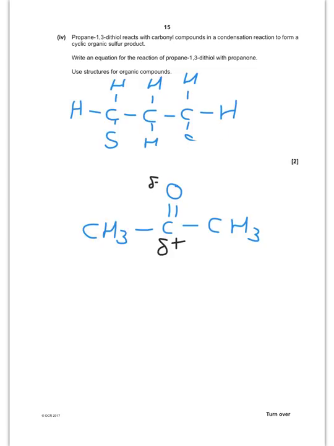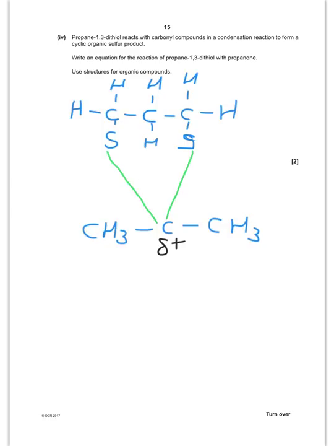And here, I'll just put my S back, which I've so rudely deleted. And we're also going to lose the O as well. Now it says a condensation reaction, so I'm going to put those two molecules together, and then I'm going to draw my new bonds going from the sulfur to the carbon like so.